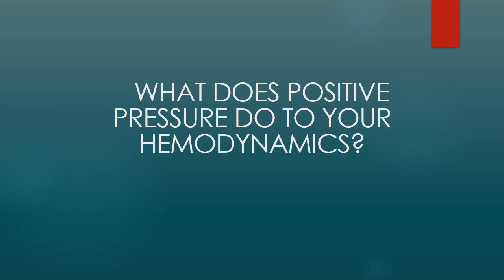If somebody's blood pressure is already high, like a CHF patient, this has direct benefits to them. If you have a patient who is already hemodynamically unstable, like a septic patient with pneumonia, then an increase of positive pressure without you directly treating their blood pressure could have very negative effects on their overall hemodynamics and cause severe hypotension. So you really have to understand the underlying physiology of what's going on with your patient whenever you're providing treatments.